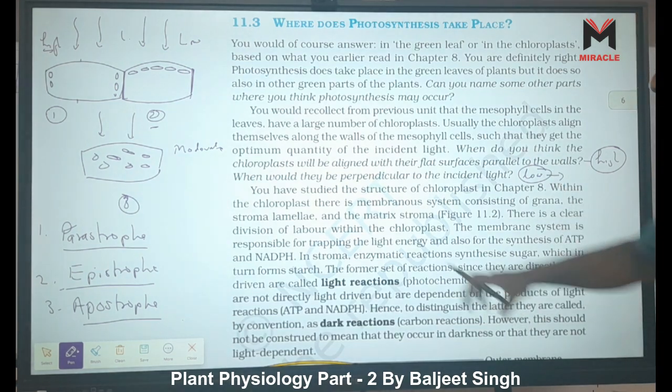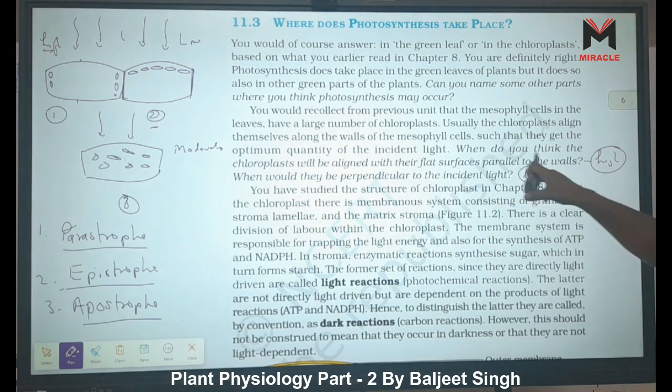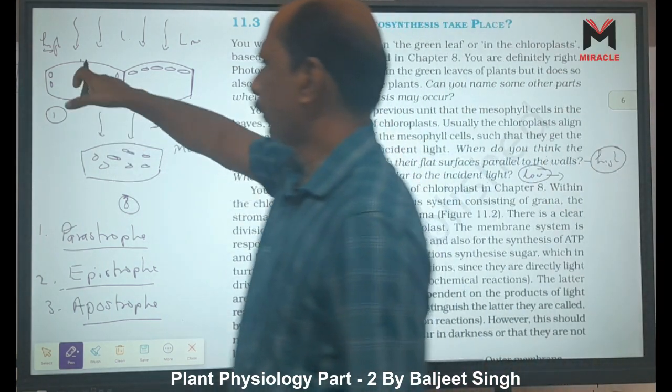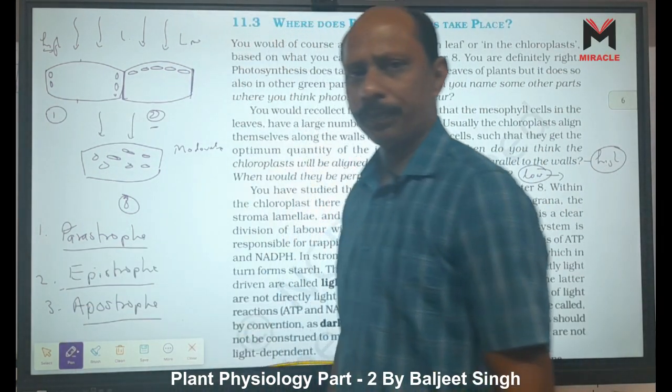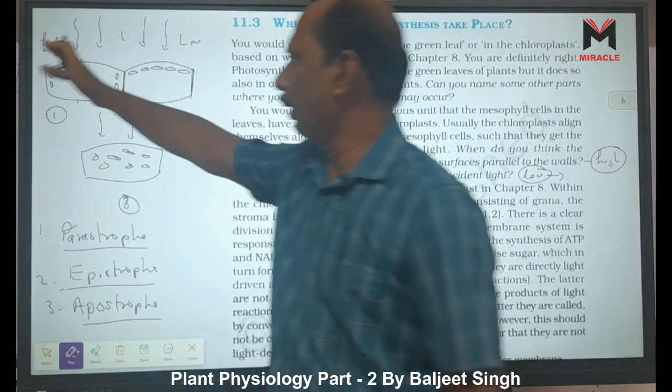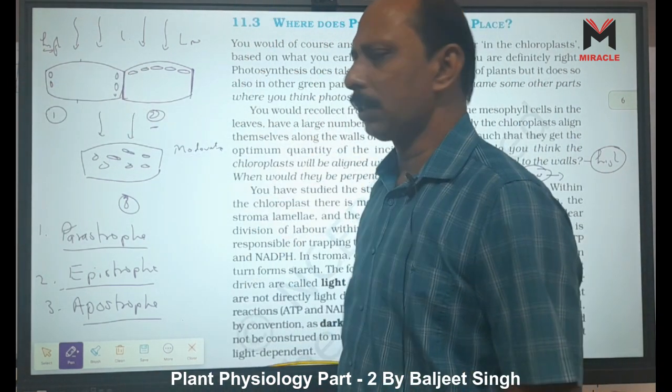When will the chloroplast be aligned with its flat surface parallel to the wall? When light intensity is high, and this condition is called parastrophy, right? To protect themselves from high light intensity, they come to the radial wall, just parallel to the sunlight.